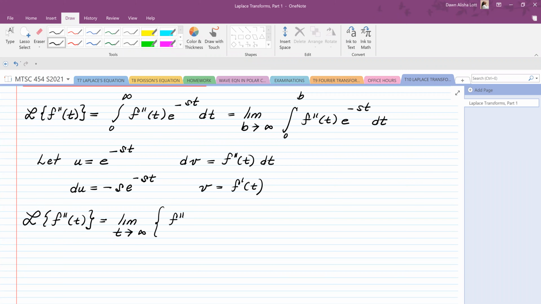So f prime of t e to the minus st, evaluated between 0 and b, minus the integral between 0 and b of minus s e to the minus st times f prime of t dt.